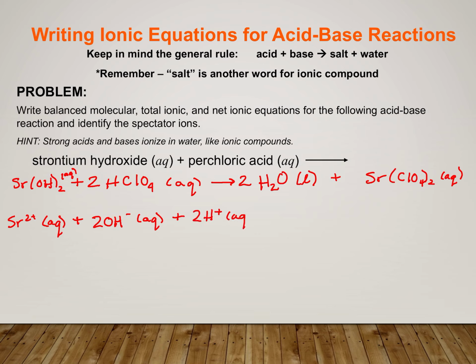And again, that 2 will get distributed to the hydrogen and to the perchlorate. And then water will stay together because it is a pure liquid. So don't break apart the water. And then we've also got our strontium and our perchlorate.